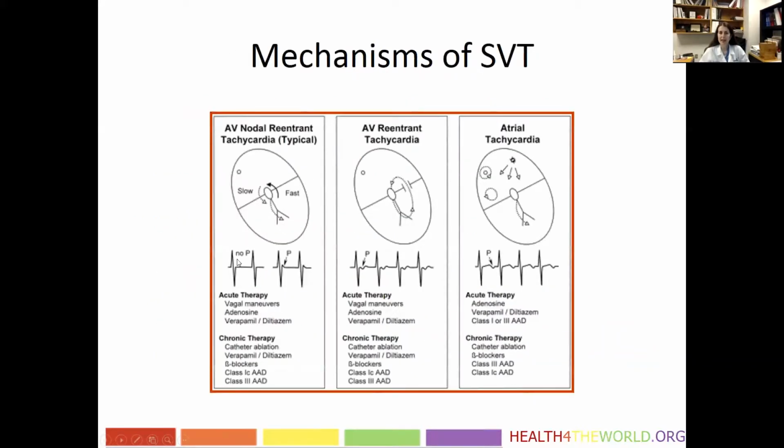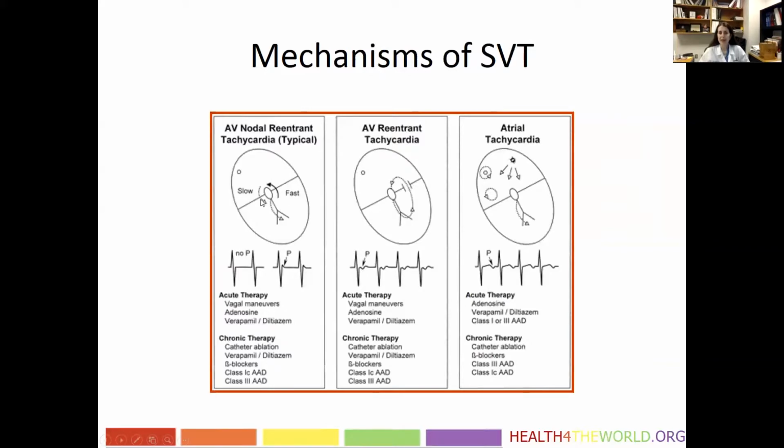So concentrating on this first part of this graph here, the schematic of the conduction system in the heart with the sinus node, the atrioventricular node with the slow and the fast pathway. Almost everybody is born with a dual AV nodal physiology, but it's only a few of us that will further develop AVNRT, and others we don't.